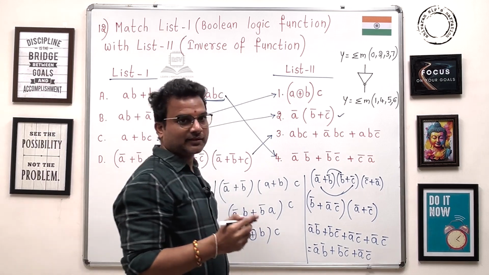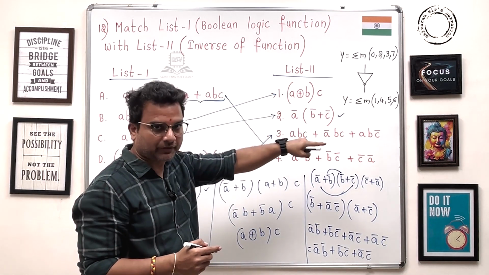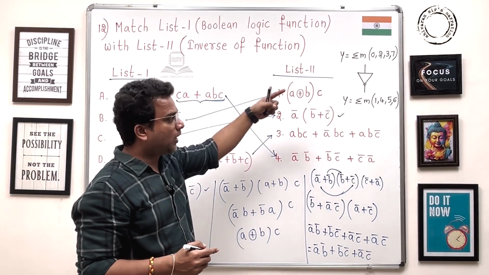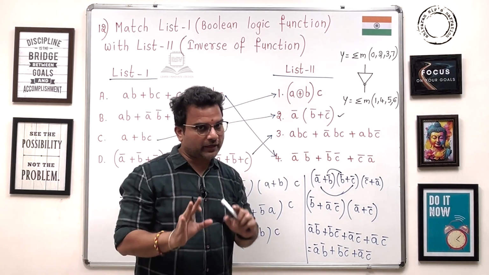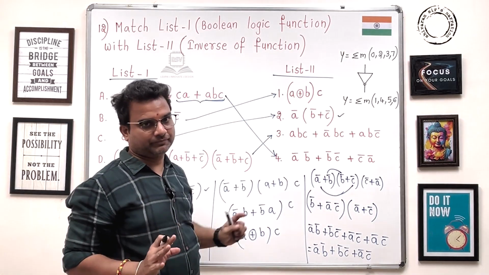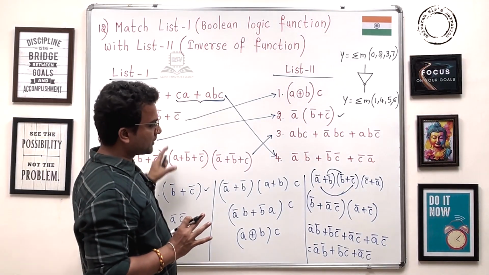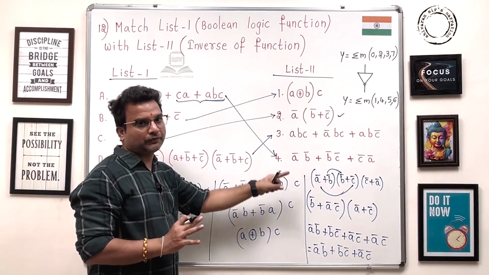So y is equal to sigma m of 0, 2, 3, 7 given to a NOT gate, the output will be the minterms only, but whatever the missing terms you will get here. Okay guys, so this is the Boolean function and inverse of the function.